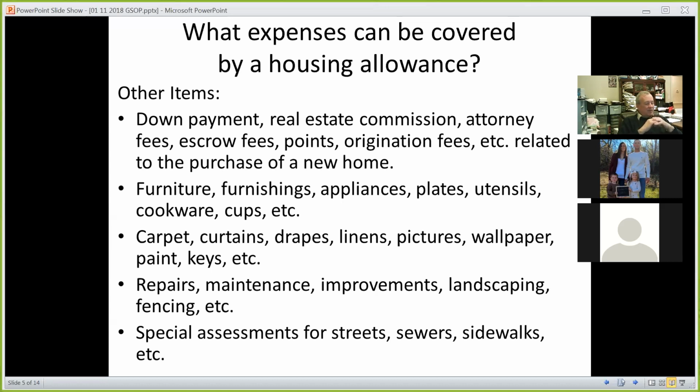This is an area where most of the court cases have revolved around the documentation of the housing allowance more so than what they've been claiming. So we have very few court cases that relate to, well, you shouldn't have claimed this. They rarely audit that aspect of it, what you claimed as far as the housing expense.